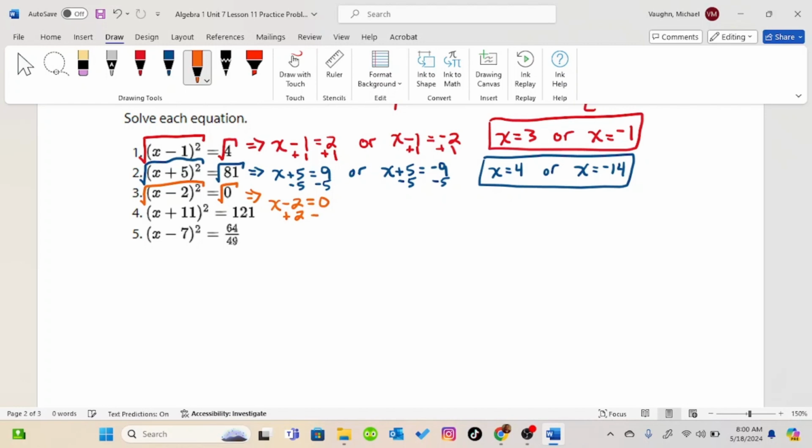So when we add 2 to both sides, we find out that x equals 2. So notice when we're taking the square root of 0, 0 is not positive or negative, it's just 0. So when we take the square root it is just 0. So there's only one answer.